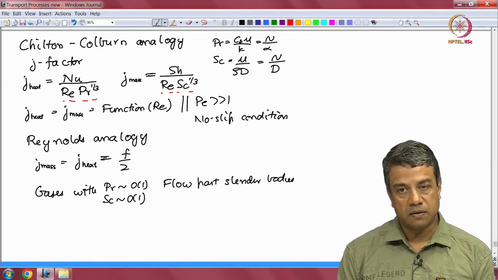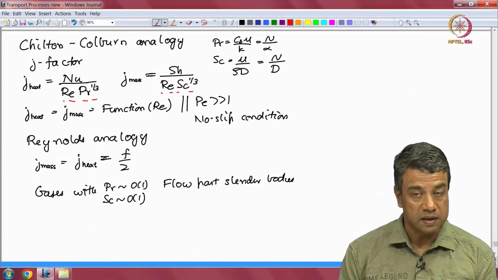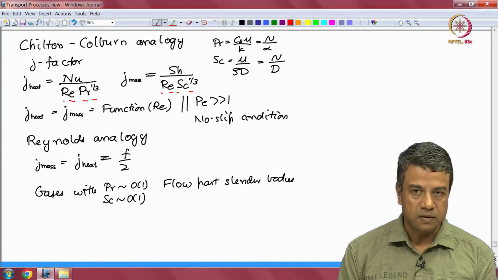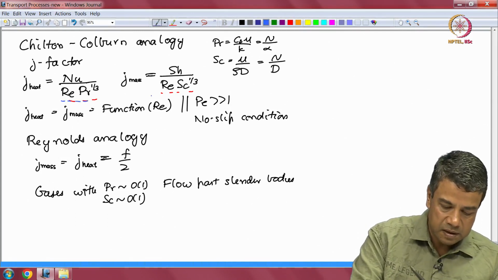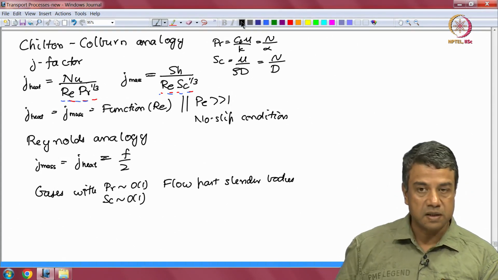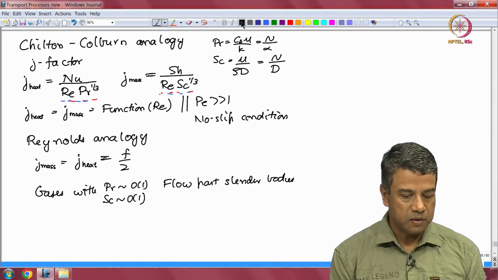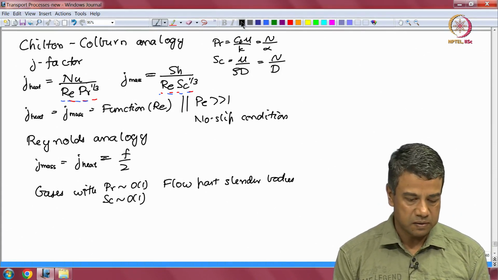They do not depend upon the Peclet numbers or the Prandtl and Schmidt numbers, these J factors. Note that the J factors already have in them the Prandtl and the Schmidt numbers. So this ratio of Sherwood and Prandtl power 1/3 or Sherwood and Schmidt power 1/3 is exactly the same for both those cases.